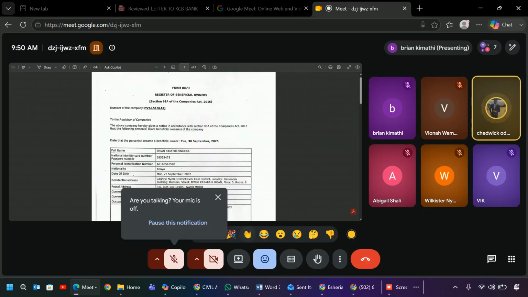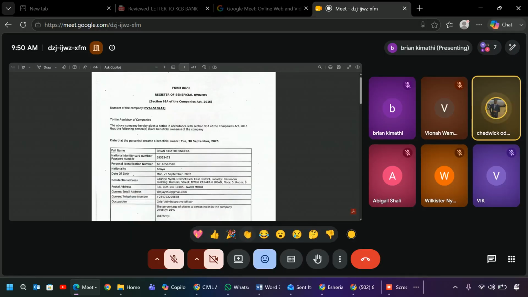Subsection 11, if after a company or any of its officers is convicted of an offence under subsection 10, the company continues to fail to comply with the relevant requirement, the company and each officer of the company who is in default commit a further offence on each day on which the failure continues, and on conviction are each liable to a fine not exceeding 15,000 shillings for each such offence.